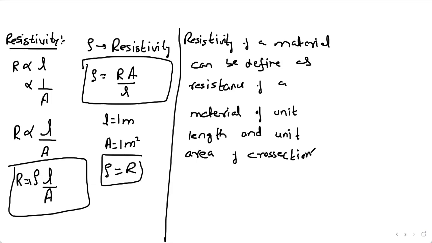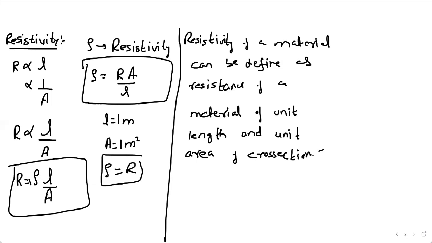So if I take L and A both equal to 1, then I will get that rho is equal to R. Resistivity will be equal to resistance.